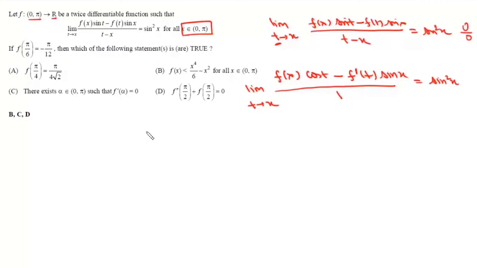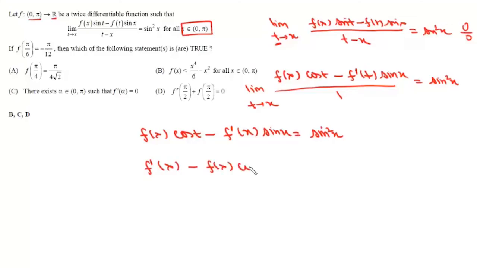Now we can write this as f(x) cos x minus f dash x sin x, and it will be equal to sin square x. Now we can write this as f dash x minus f(x) cot x equal to minus sin x, which is a linear differential equation.